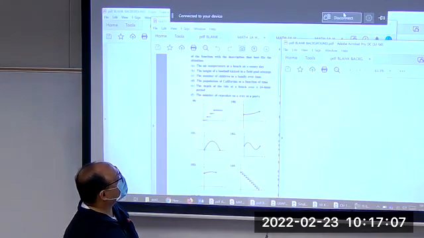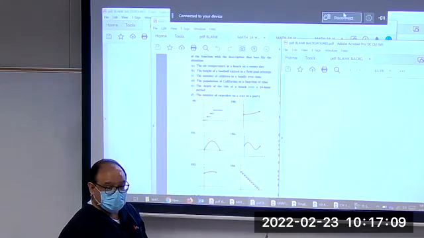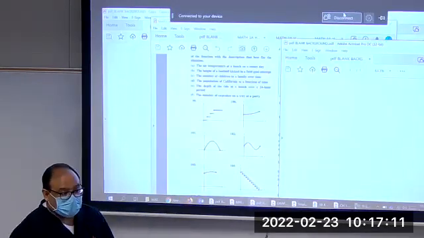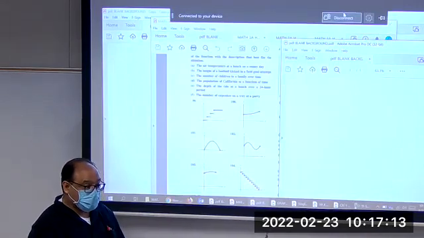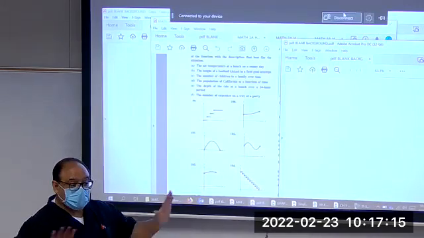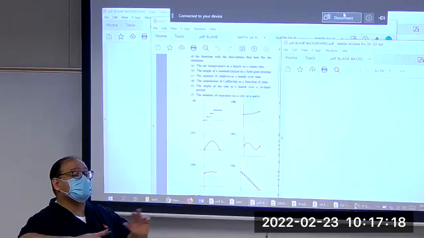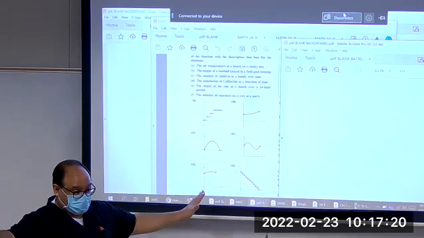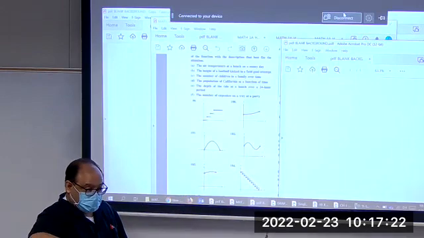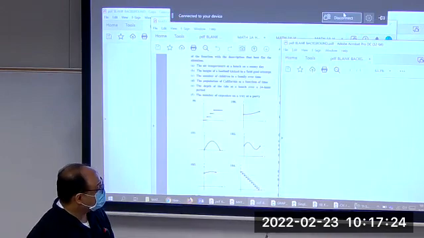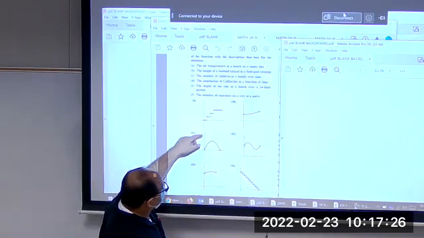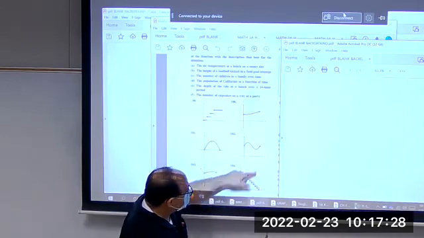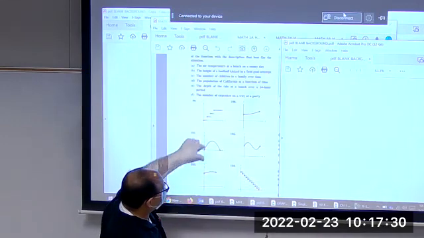D, population of California as a function of time. So we're thinking of population of California as starting smaller and then, we're not talking about today, because everybody says people are leaving California. But I would say it's increasing. So increasing, no, we already got rid of that one, got rid of that one.